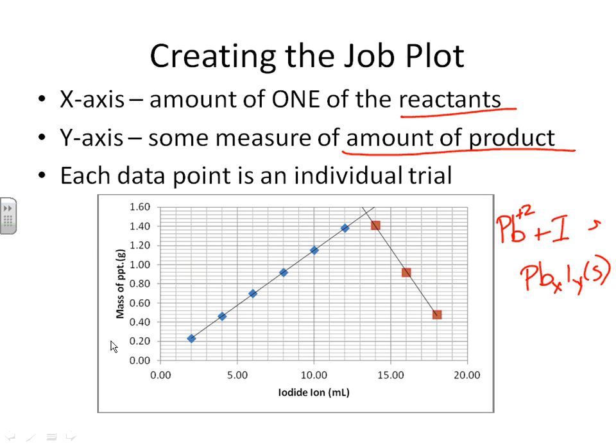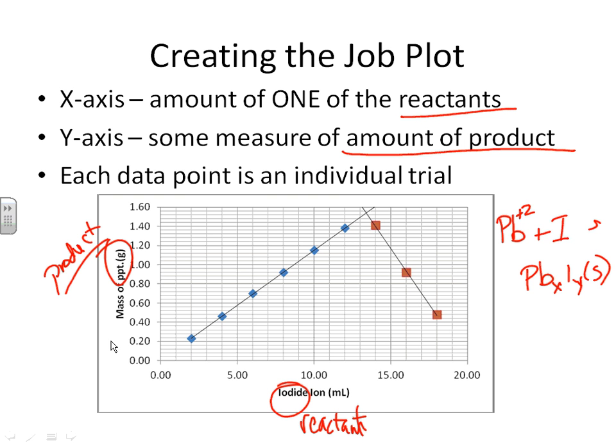As you can see, they've got the precipitate, which is a product, on the y-axis, and the iodide is a reactant on the x-axis. So you're putting your reactant, which you're controlling, on the x-axis and the product on the y.